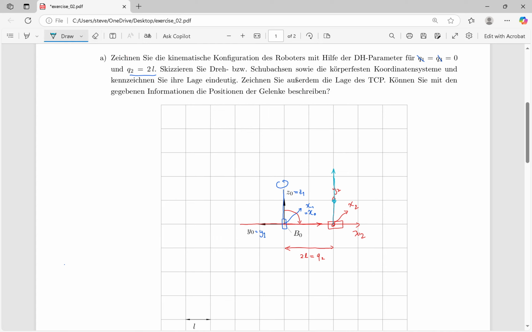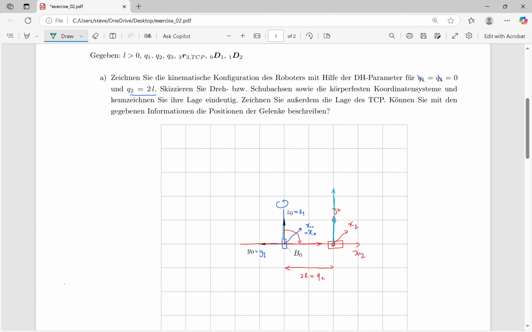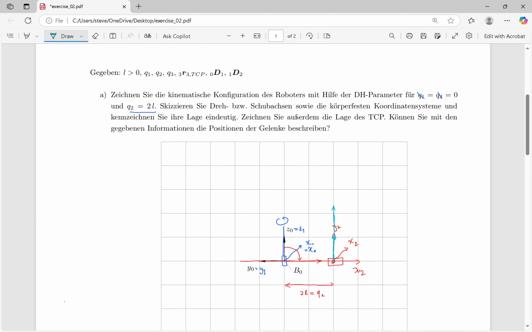So a distance of L away from x2 would be like so. And again, we have to look at the angle.